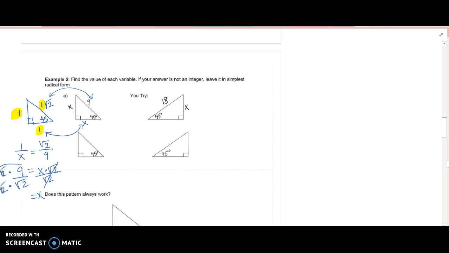So if I multiply across, I get 9 square root 2, and on the bottom we've figured out that square root 2 times square root 2 is 2. So that is saying, my friends, that if your hypotenuse is a whole number, as in this scenario, then the legs are not whole numbers. The leg is 9 square root 2 over 2.